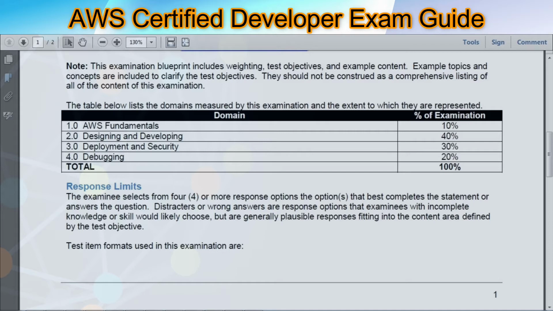At 30% weighting is deployment and security. Security is certainly important in terms of your decision to move to developing within AWS or any cloud for that matter. So I think it's worth touching on various services that they offer to help you to really lock down and secure your infrastructure.